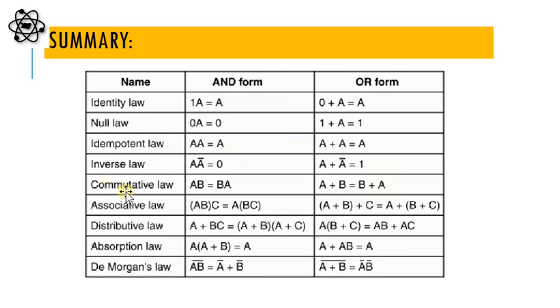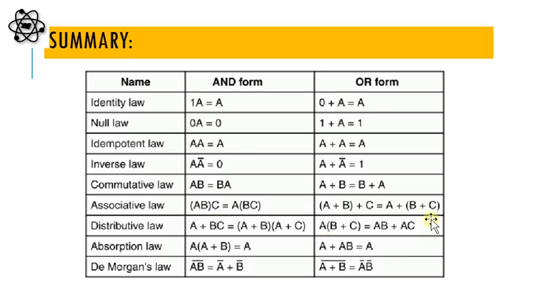Commutative law, that is, the result will be the same irrespective of the order in which you place the variables. AB is equal to BA, A plus B is equal to B plus A. Associative law: irrespective of the kind of grouping, the result will be the same. AB multiplied with C is equal to A into BC.